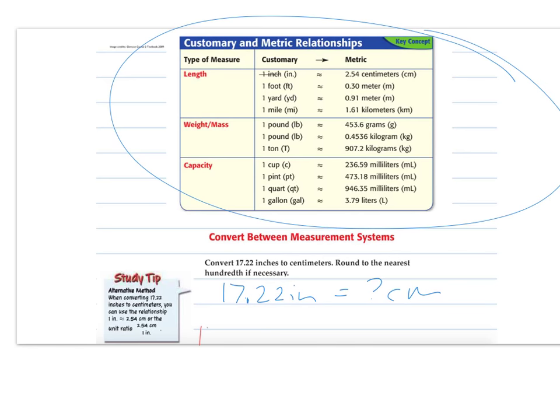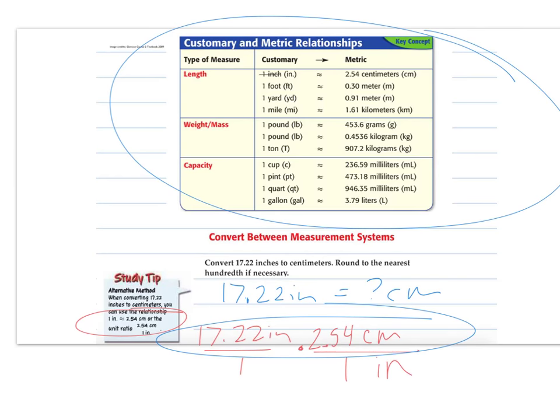So I'm going to write what I know over 1. I'm trying to change it to centimeters, so that goes here. I'm canceling inches, so that goes on the bottom. Their equivalent chart, 1 inch is equal to 2 and 54 hundredths centimeters. So now I just multiply across.